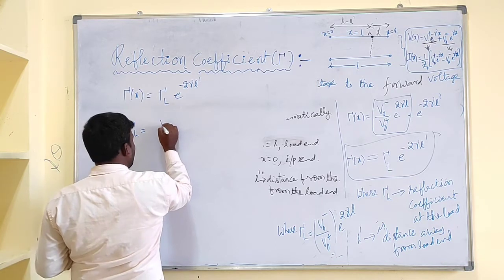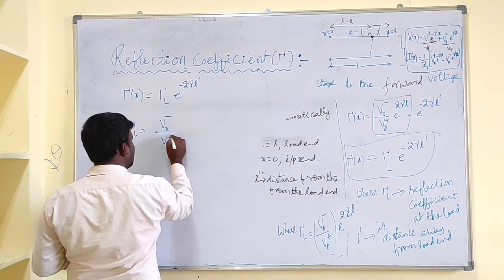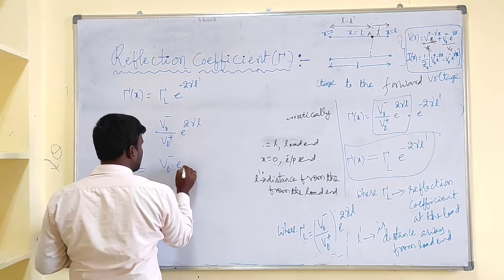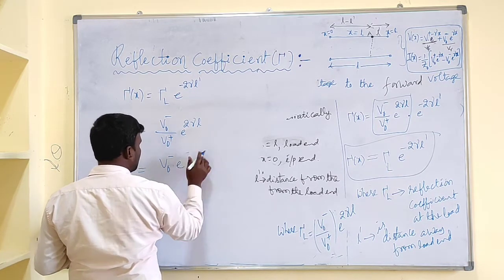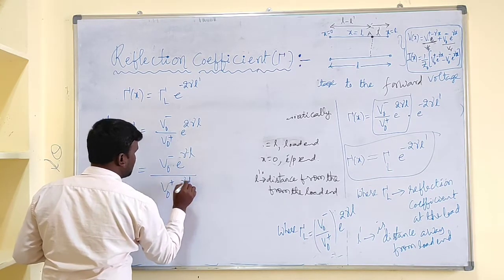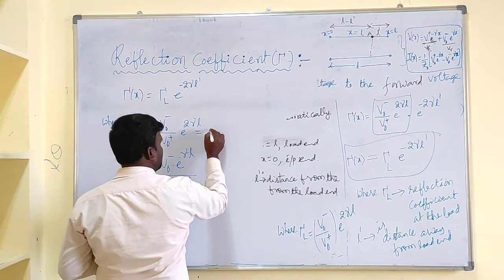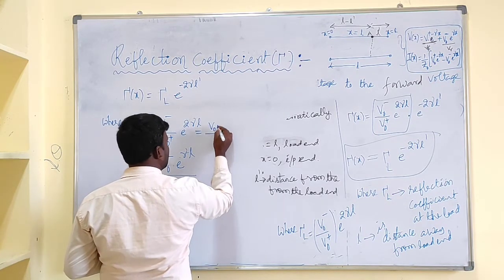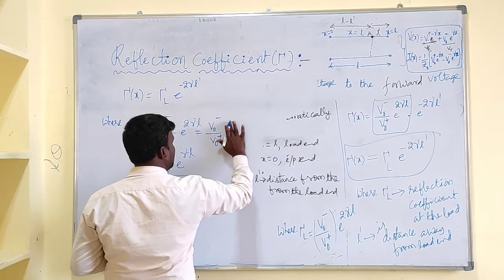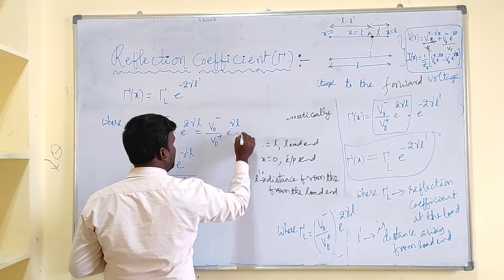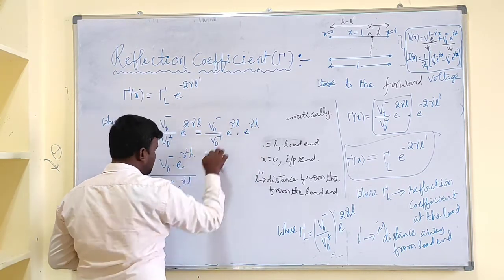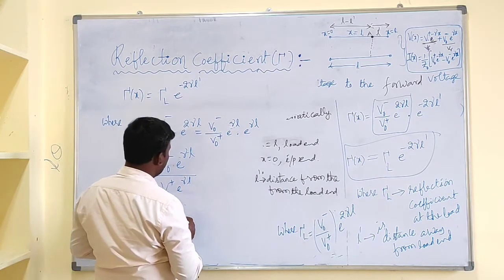That is V naught minus by V naught plus e to the power 2 gamma L, or this can be written as V naught minus e to the power gamma L by V naught plus e to the power gamma L. To understand this, V naught minus by V naught plus e to the power gamma L, into e to the power gamma L. One term is written here and sent to the numerator.